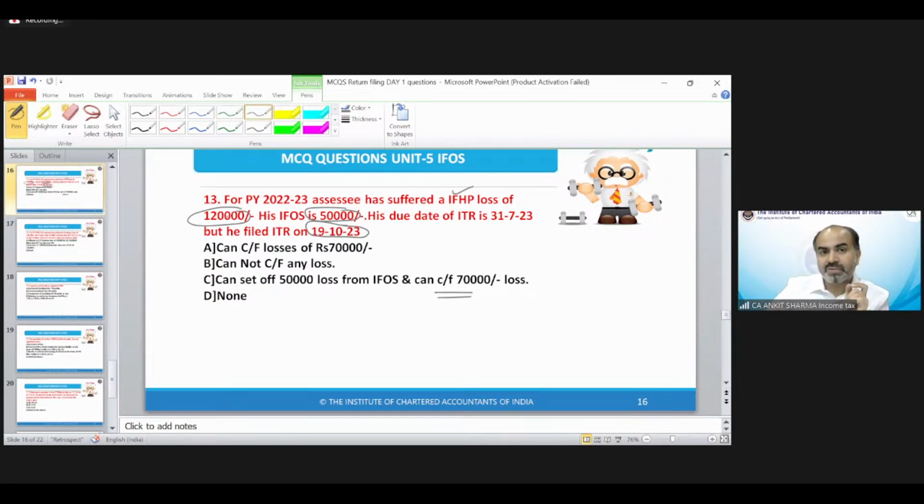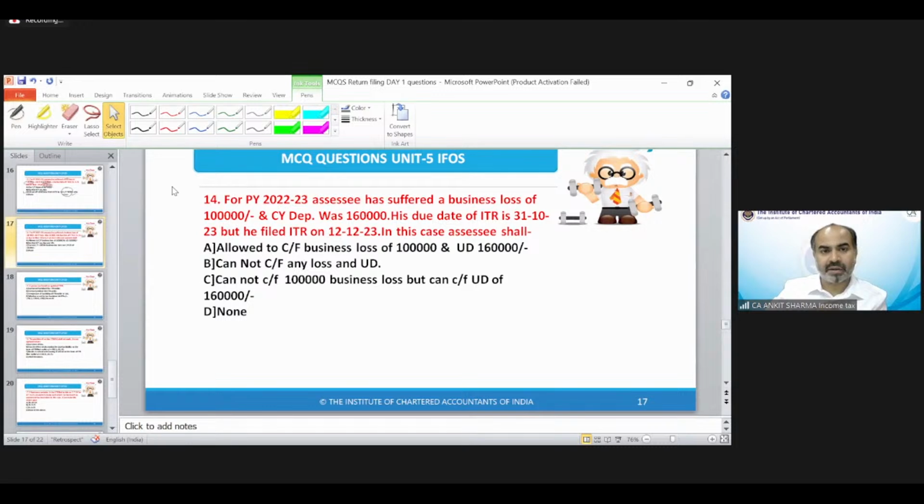So out of this 1,20,000, 50,000 is going to be set off in the same year, and the balance amount of 70,000 can be carried forward because these are losses connected with income from house property. Clear? The correct answer is option C.